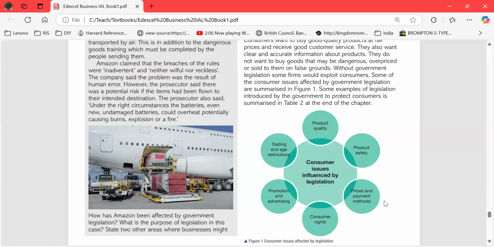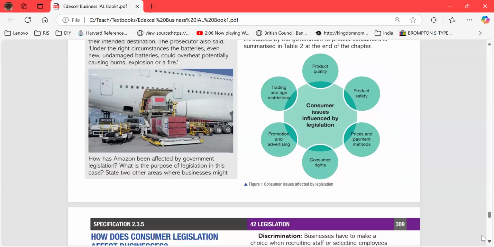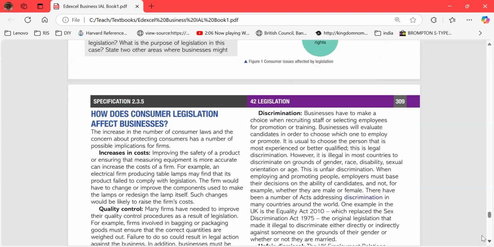You're paying a huge amount, but you're not getting value for money or appropriate quality. So you can go to the government and ask for help with the help of legislation. These are the things over here. So let's quickly move to the other part.